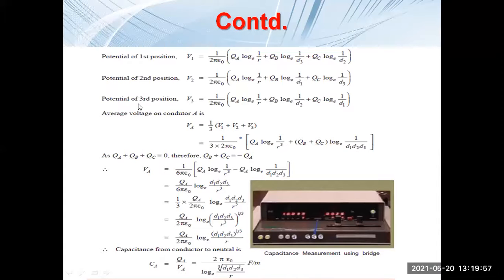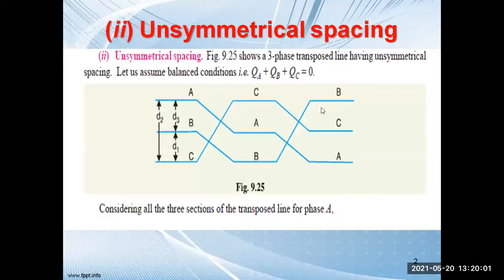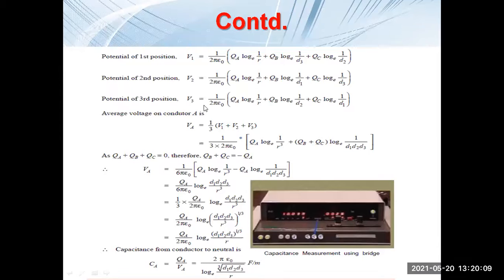Now similarly, we can calculate the potential for the third position. In the third position, the distance between B and C is D3, A and C is D1, and A and B is D2. So V3 will be equal to 1 by 2 pi epsilon QA into log of 1 by R plus QB into log of 1 by D2 plus QC into log of 1 by D1.